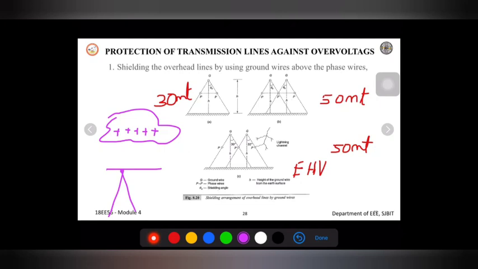This induces a negative charge on the portion below it, on the transmission line. So here we may have negative charges. Obviously, due to this, an over voltage will be present between the line and your cloud.